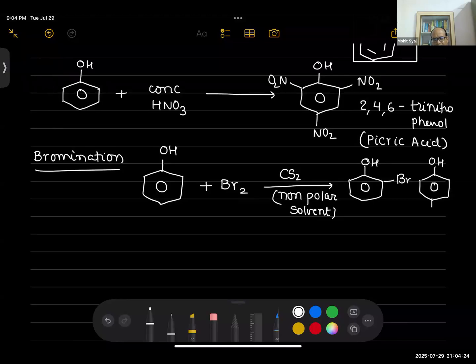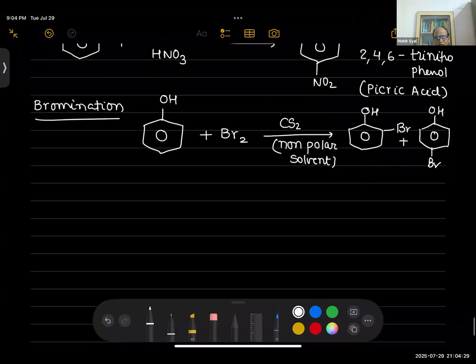But there is a difference in the reaction when you do the same bromination in the presence of water. Water is what kind of solvent?